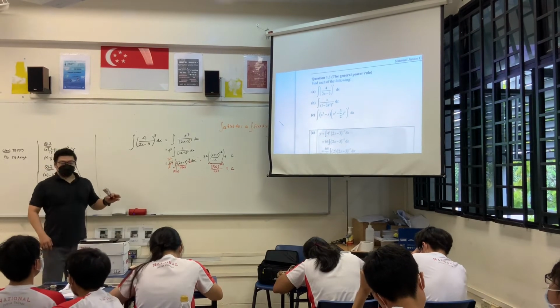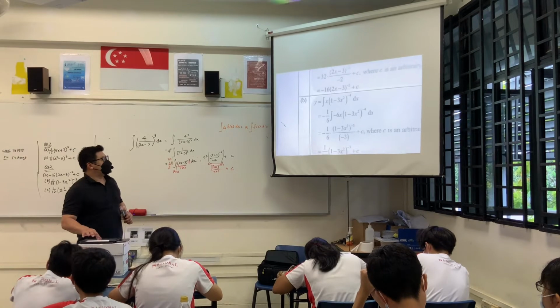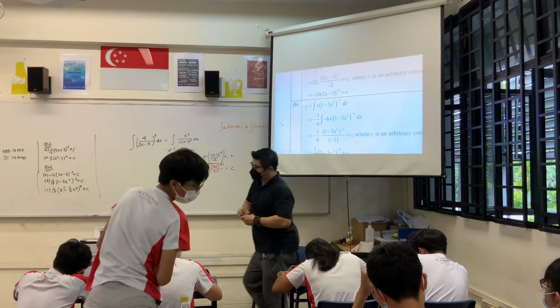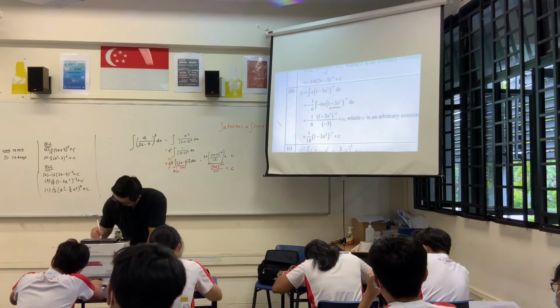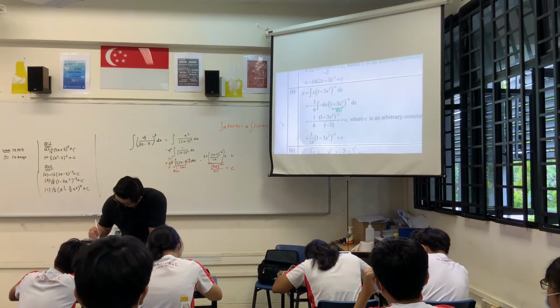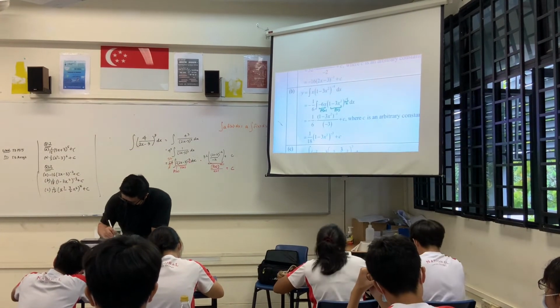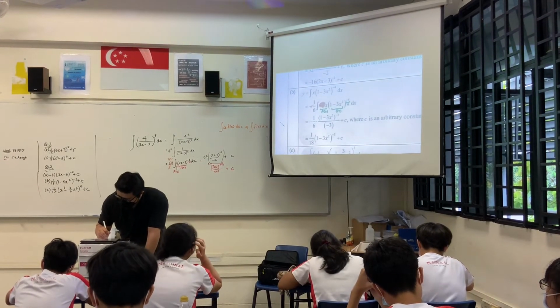So this is A. For B, I go a bit faster. You can see that for B, this is my f x. This is my n. And this is my f prime, which you creatively brought in as a negative 6.